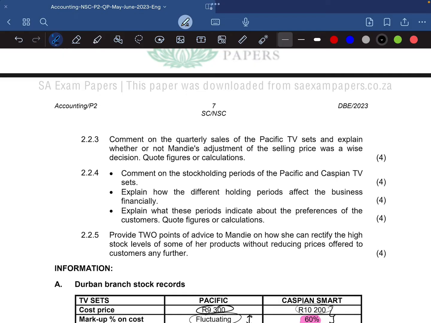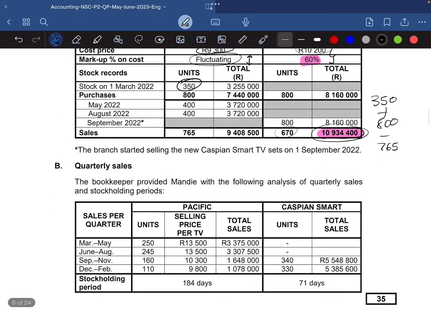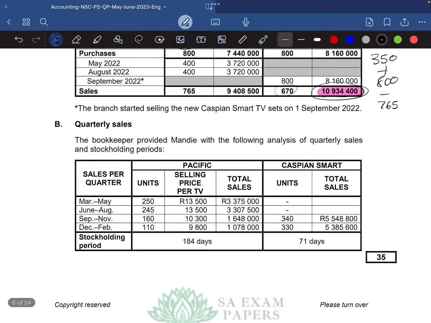So here we are working with our analytical skills. We are first looking at the Pacific, the number of units sold. These are quarterly sales. The bookkeeper provided Mandy with the following analysis of quarterly sales and stock holding periods.